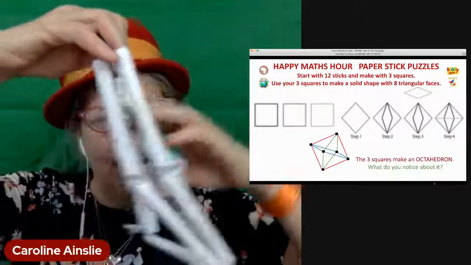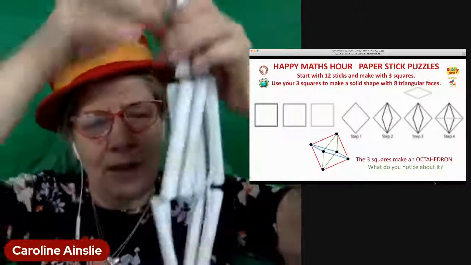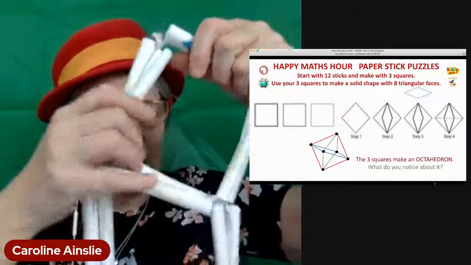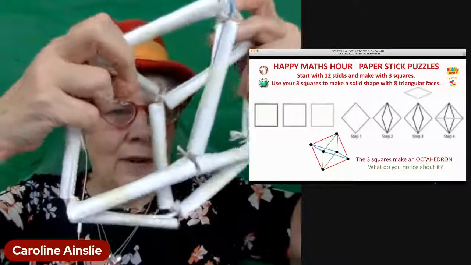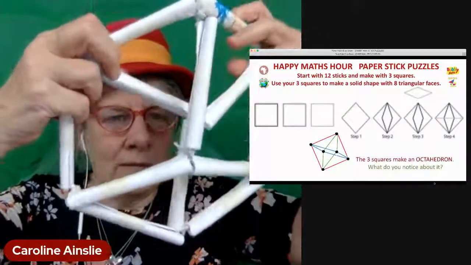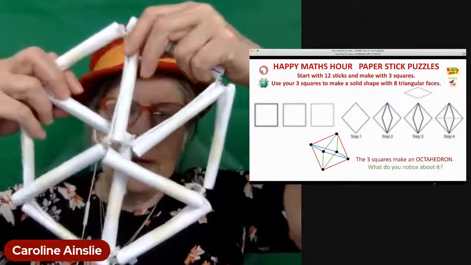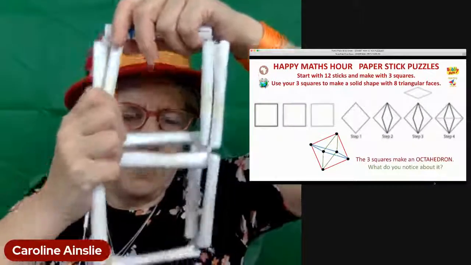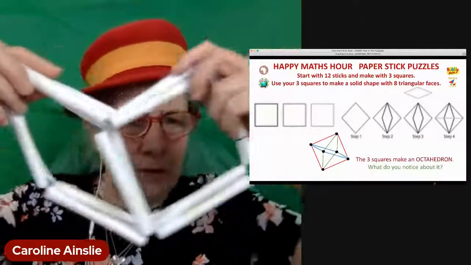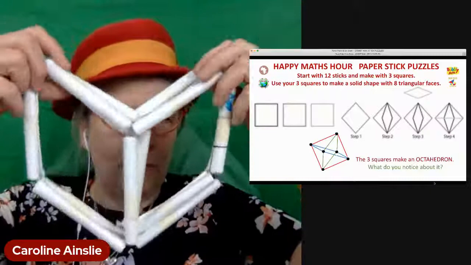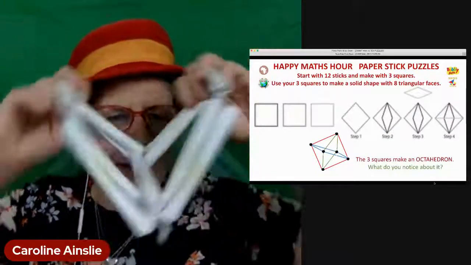If I let go of any one of the vertices, it just, oh, look at that, it flops down into just a pile of sticks. But look at this, if I make it into 2D, I can flatten it down to 2D shapes, and look, we can make a rectangle, we can even make 2 rhombuses, well 4 really, because by flattening 2 down, we can make it into a butterfly.